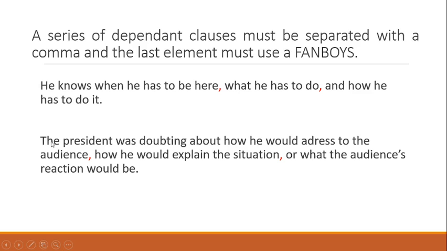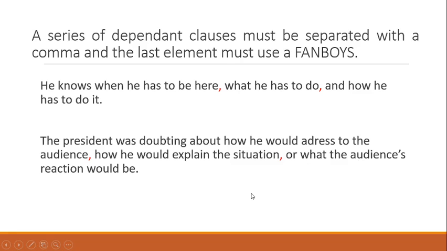Another example is: "The president was doubting about how (connector) he (subject) would address (verb) the audience, how (connector) he (subject) would explain (verb), and" here we have the FANBOY, the coordinating conjunction, joining the final element that also has connector, subject, and verb.